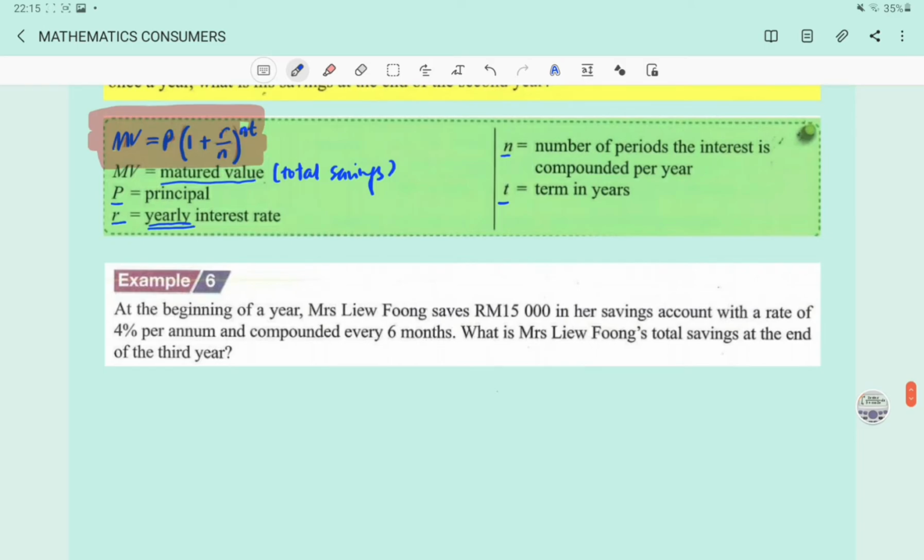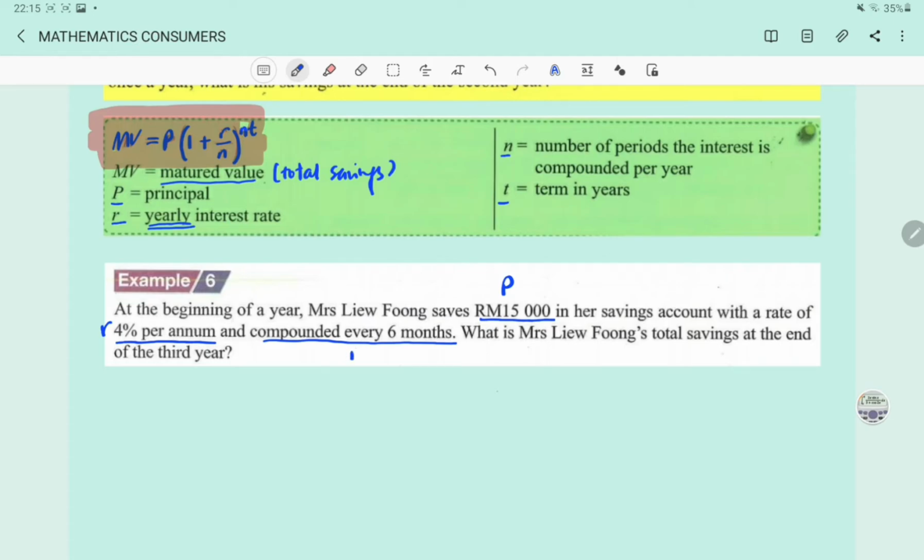How to calculate the compound interest? Based on example 6 in your textbook: at the beginning of the year, Mrs. Liu Fong saved 15,000, this is the principal, in her savings account with a rate of 4% per annum, this is R, compounded every 6 months.